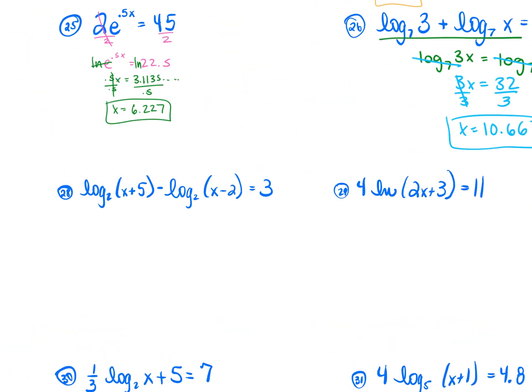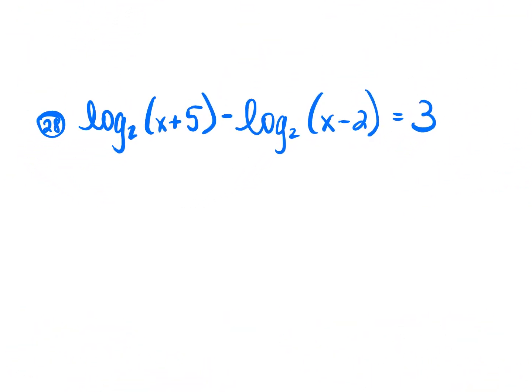All right, let's do 28. What do we need to do first for 28? Condense them. How do we condense when we're subtracting? Divide. So we have log base 2 of x plus 5 over x minus 2 is equal to 3.